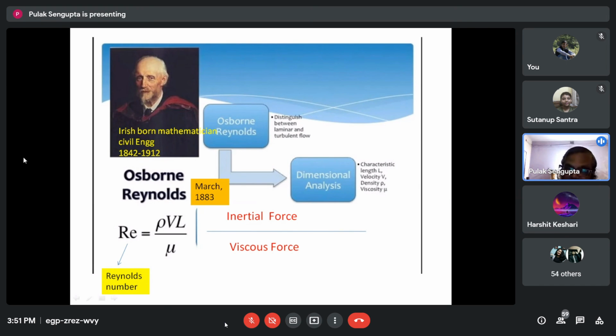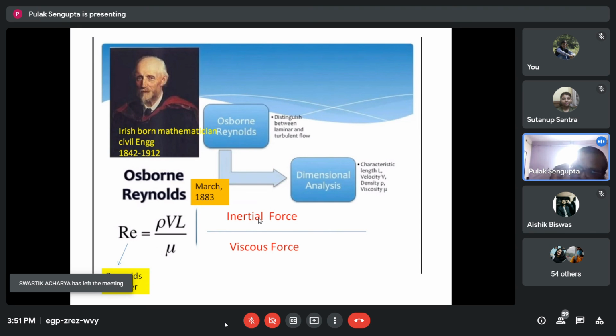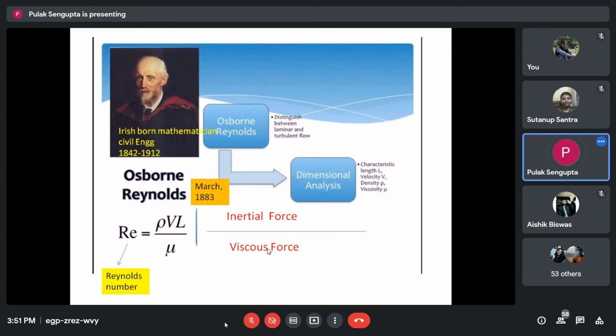Then you try with the ratio. I will not get into the derivation. This is trivial mathematics. But anyway, you have inertial force, and that keeps the flowing water moving. And the viscous force is dragging, that reduces the velocity. So their ratio gives you the Reynolds number.